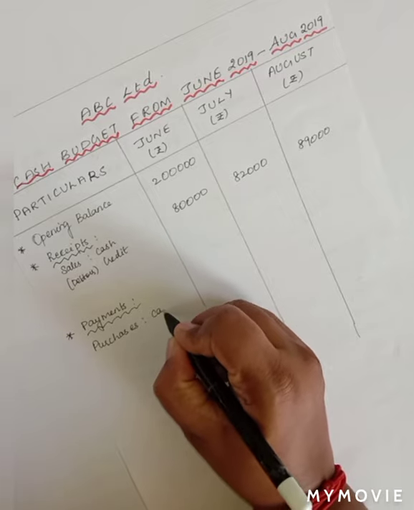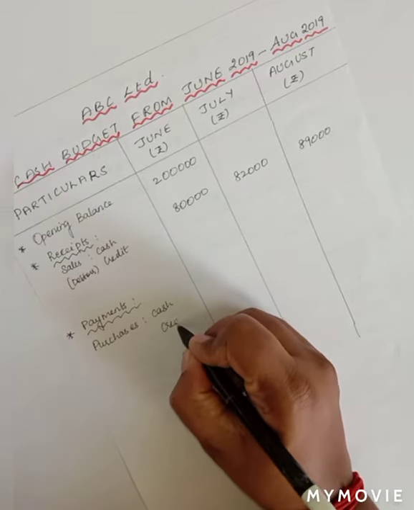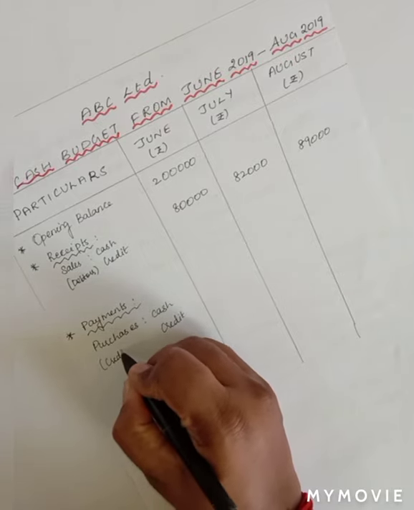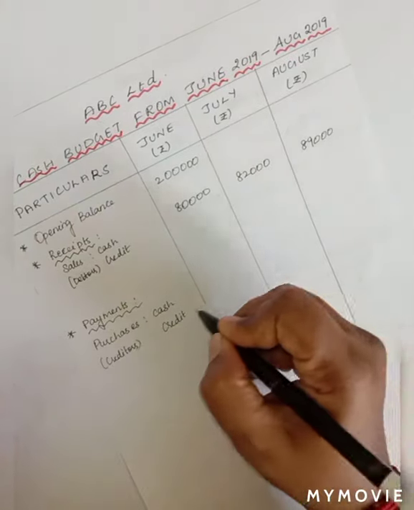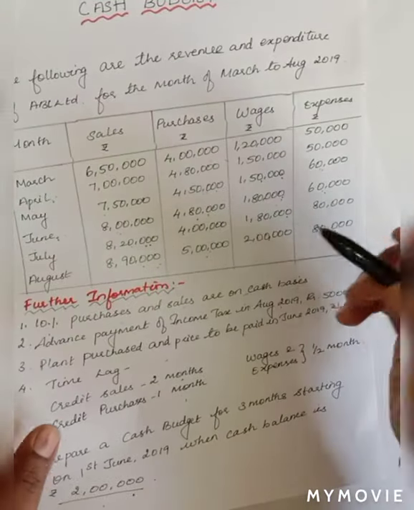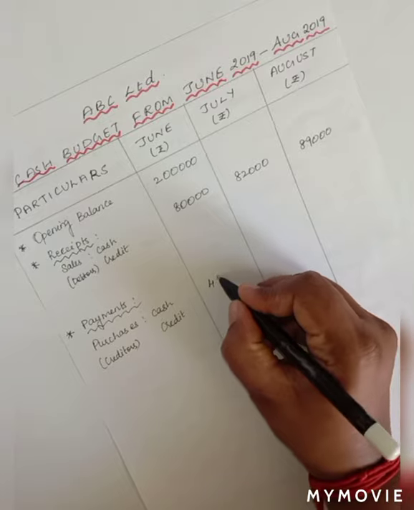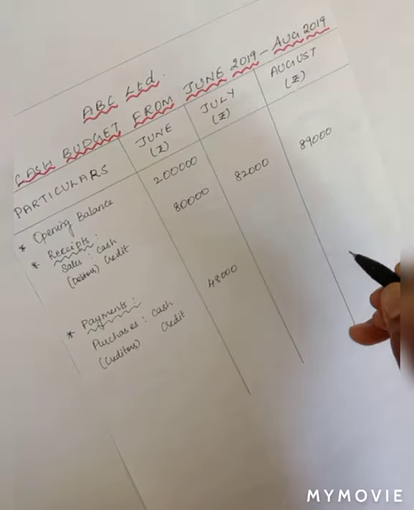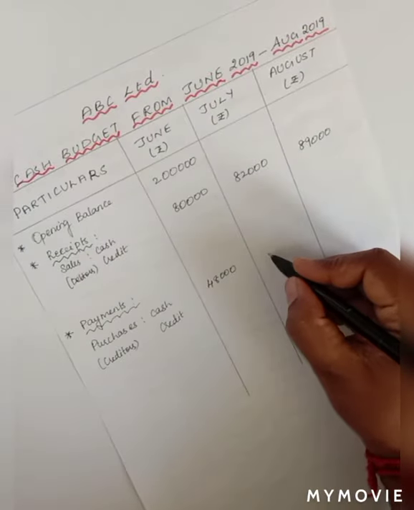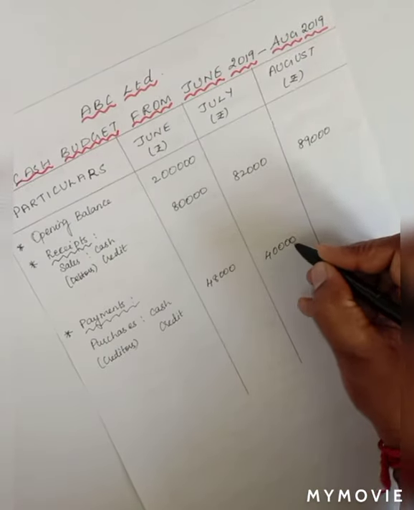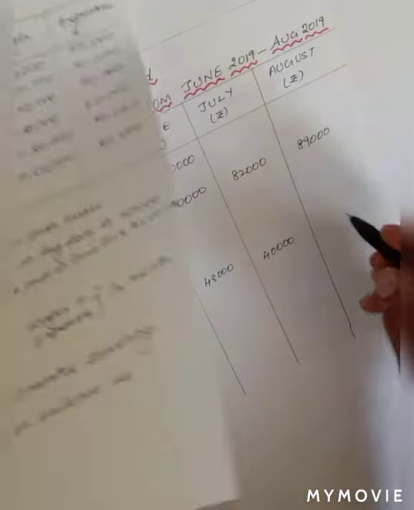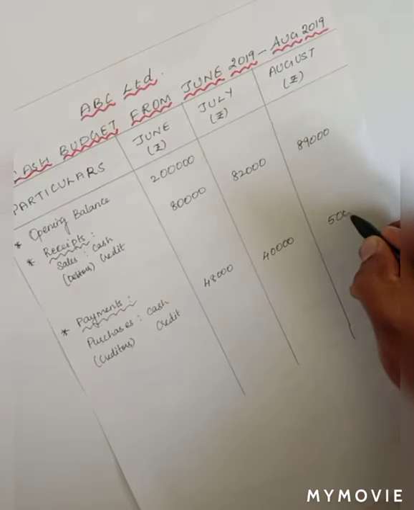So purchases, again you can write cash and credit because we have both, and this credit is settlement to your creditors. Okay, so cash, as I have told, 4,80,000, out of which it is 48,000 you have to settle in the month of June itself. Okay, in the next month it is 4 lakhs, out of which you have to settle 40,000 in the month of July itself. For August it is 5 lakhs, so it should be 50,000.